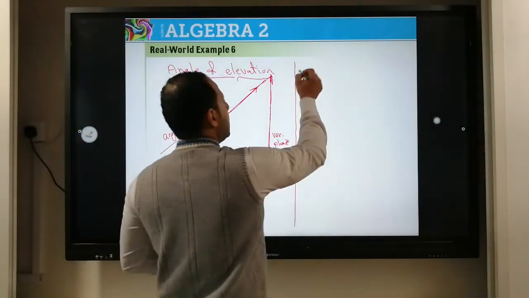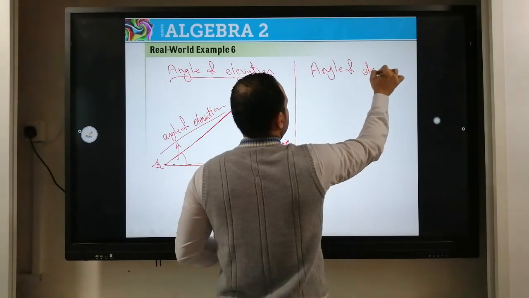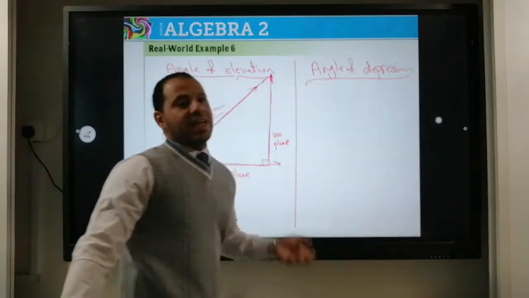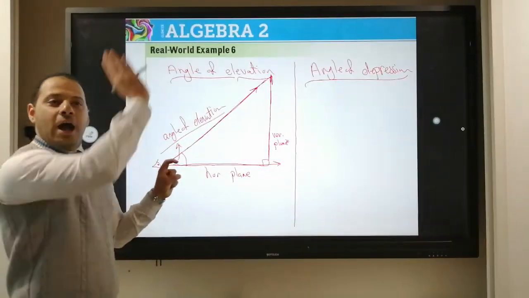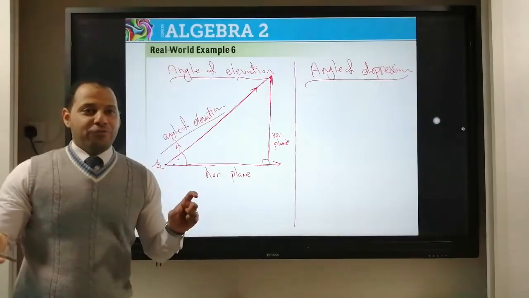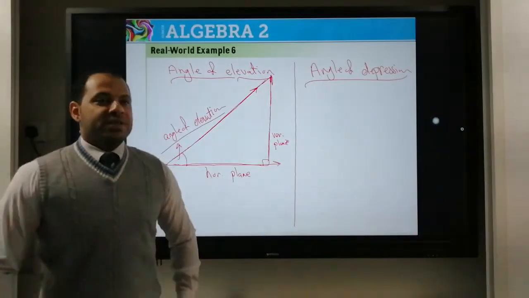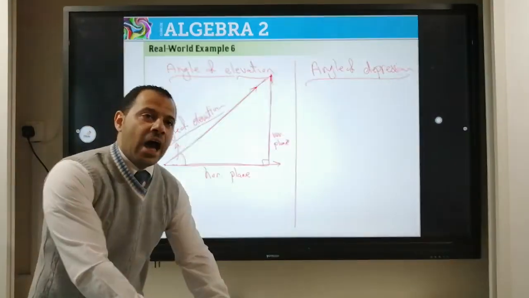What about the angle of depression? Yes, of course, excellent. It's the opposite. In elevation we stand down and look up, but in the angle of depression, we stand up and look down. We stand at the top of a tower or a building and we look down.